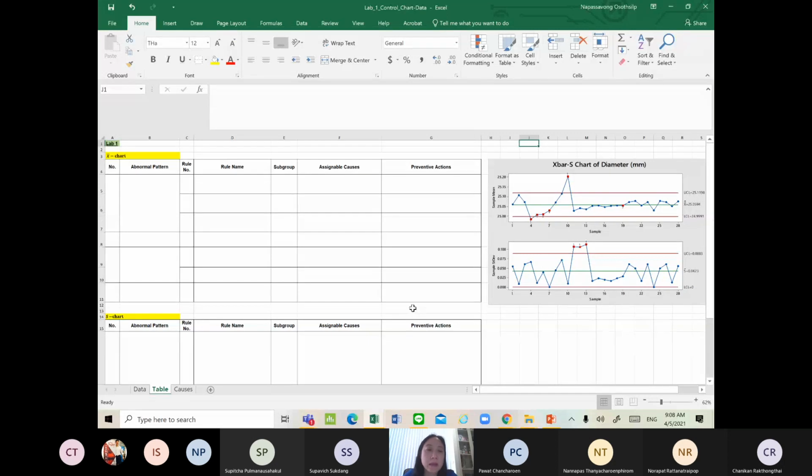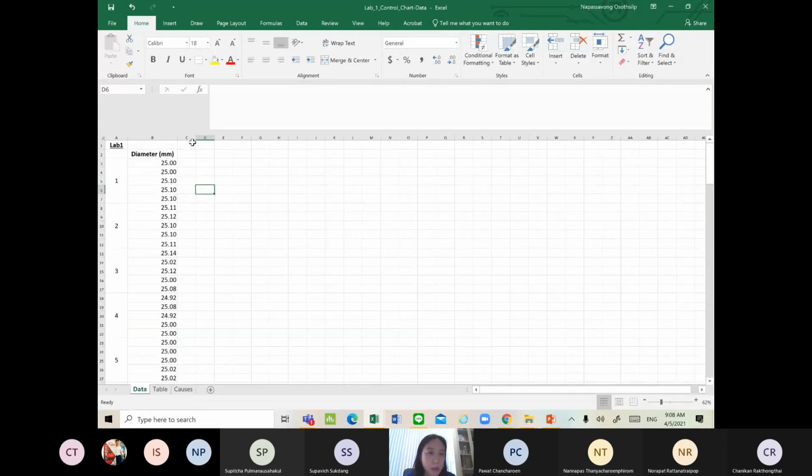But before that, let me mention how we put the data into the software. You can start with Excel, or you can enter the data into Minitab directly. When you do control chart construction, you will collect the data.